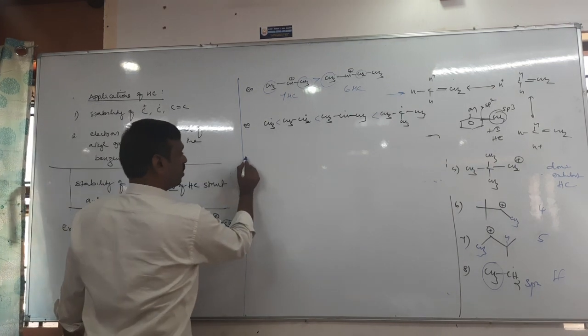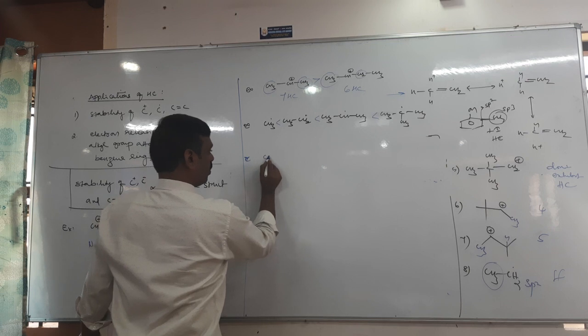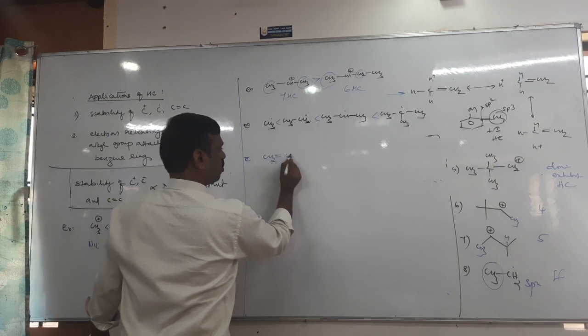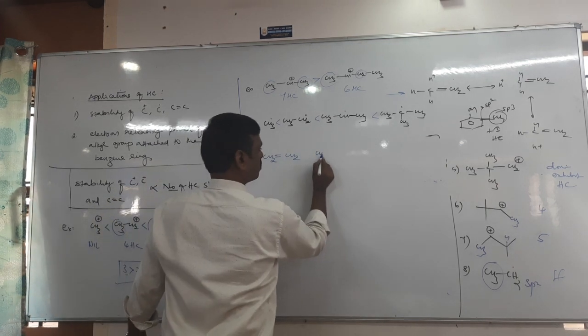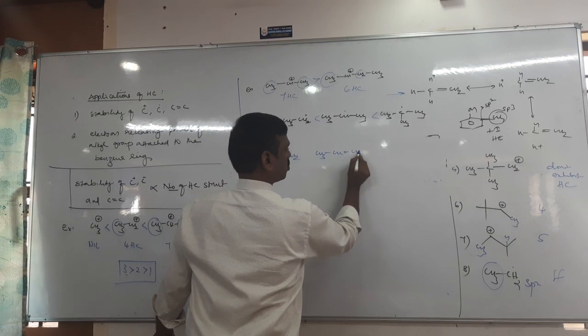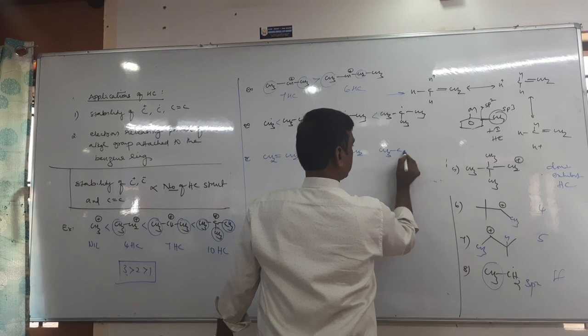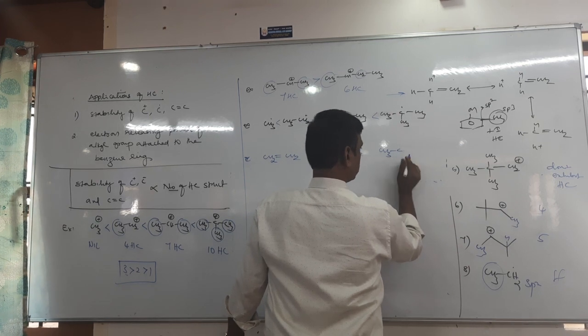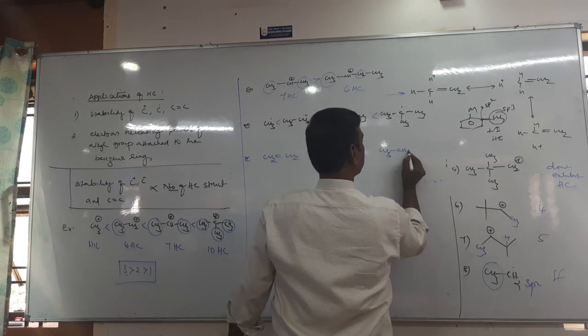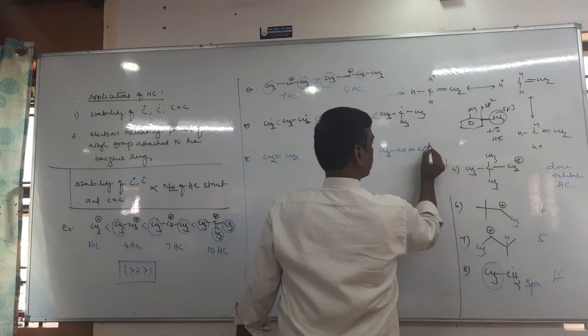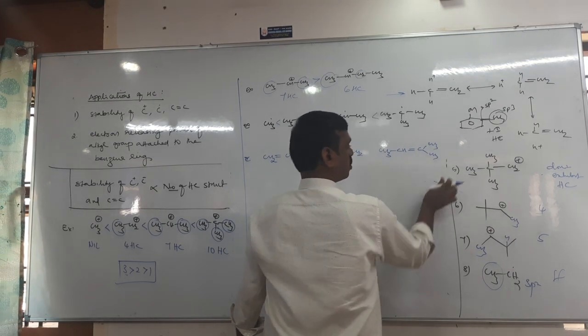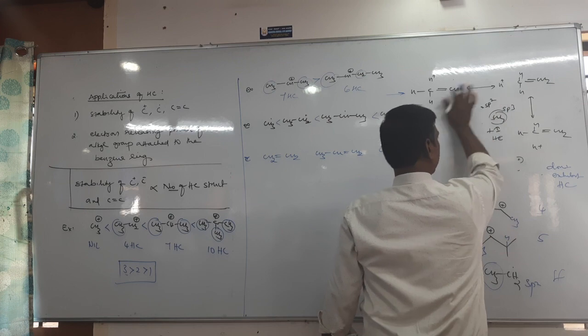Next is alkene. Even if you take alkenes, CH2 double bond CH2, CH3 CH double bond CH2, CH3, CH double bond, and one more.